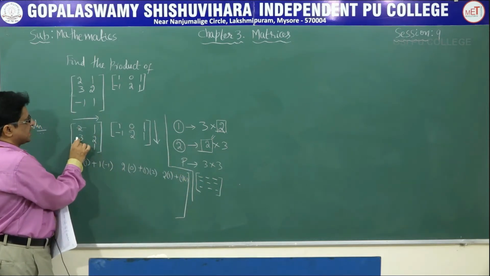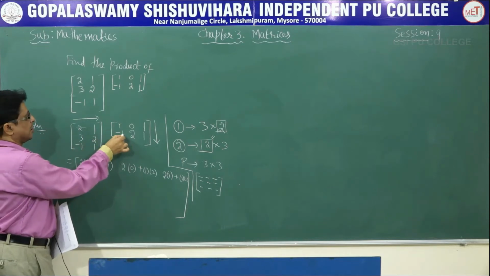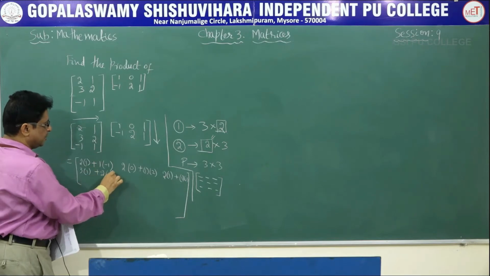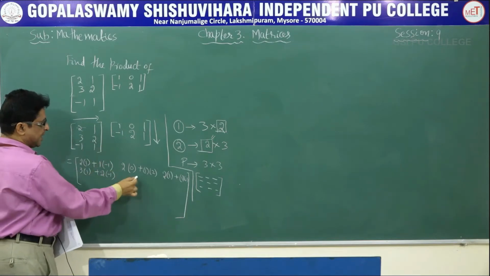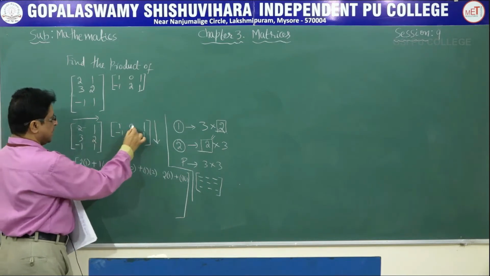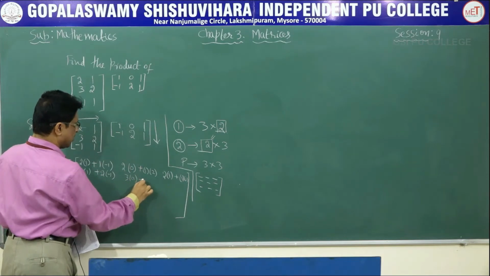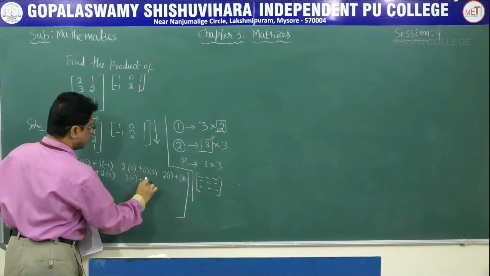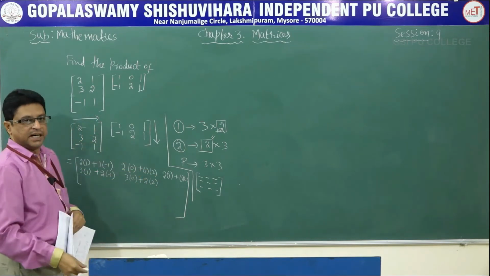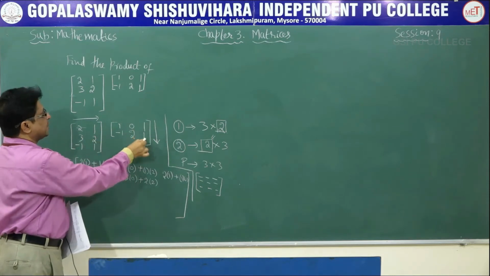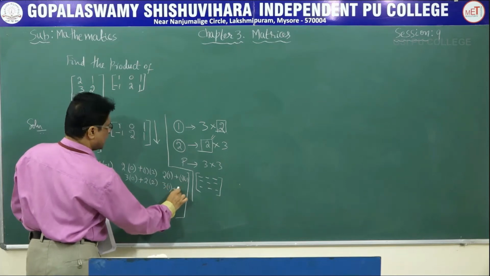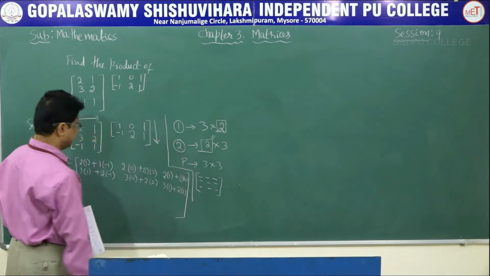Next row will be second row into first column, 3 into 1 plus 2 into minus 1. Next element, second row into second column, 3 into 0 plus 2 into 2. Next element, second row into third column, 3 into 1 plus 2 into 1.